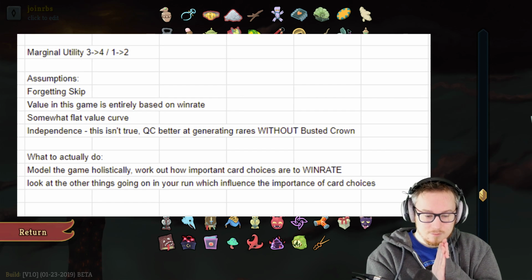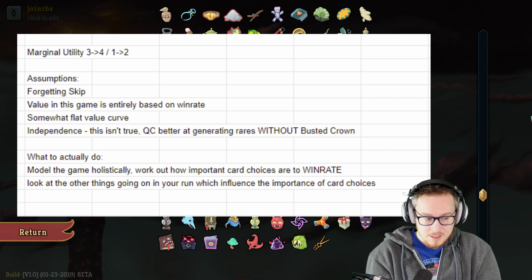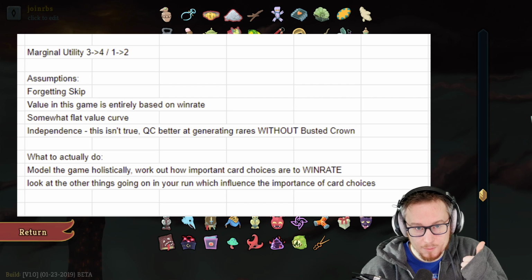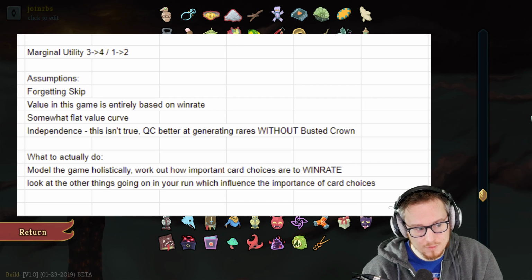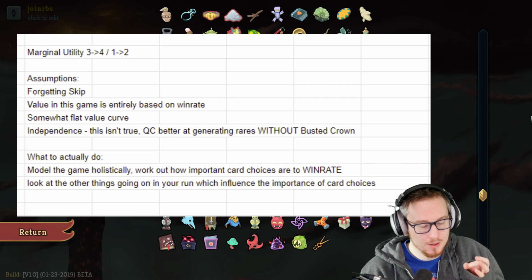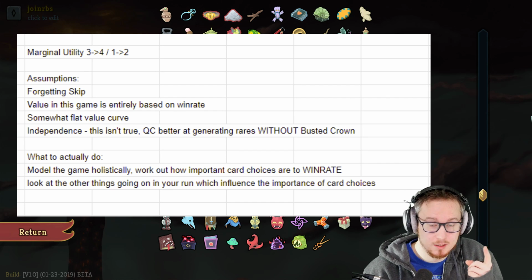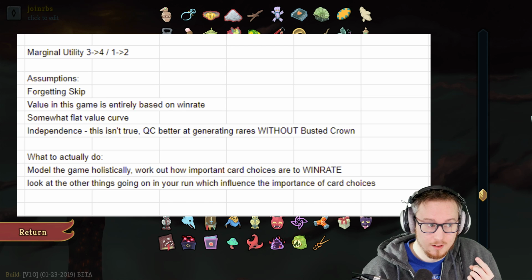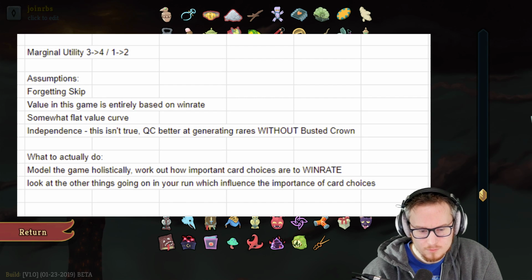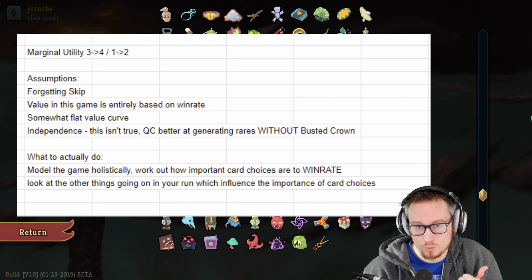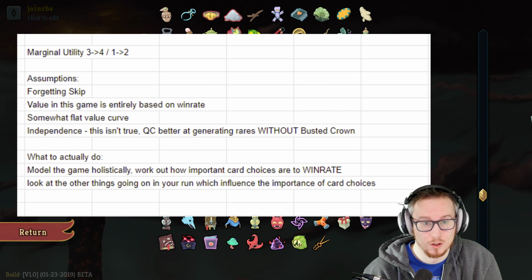But if we're thinking about that, one, we're forgetting about the skip option, right? So our assumptions going into a comparison like that are that card choices are independent of each other and that they are random. And they aren't random because you always get a skip button, which is non-random. You can always choose a skip.